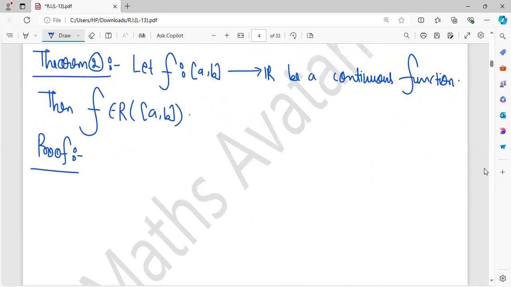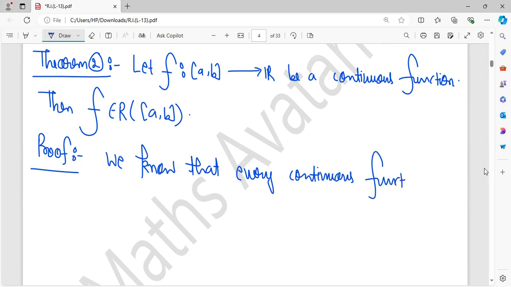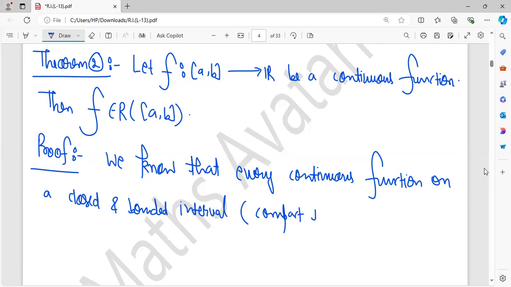Okay. Now, first of all, we know that every continuous function on a closed and bounded interval, it means compact set, is bounded.